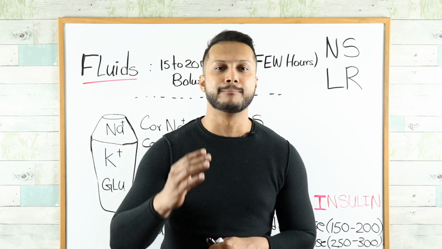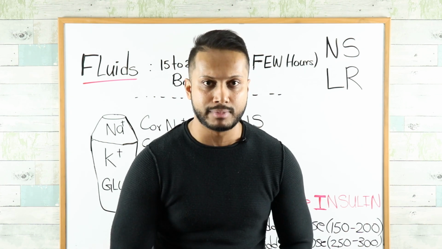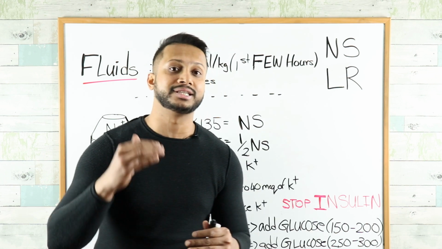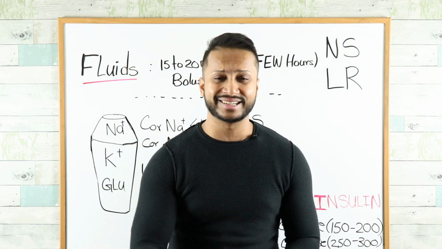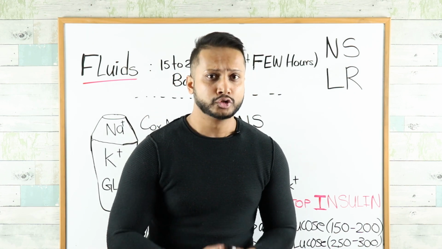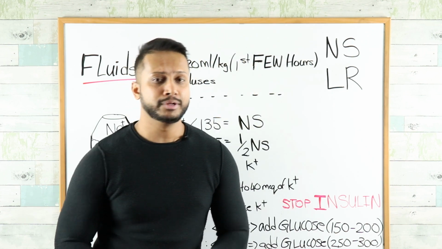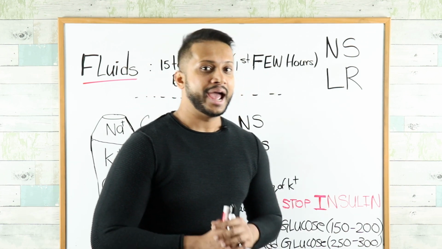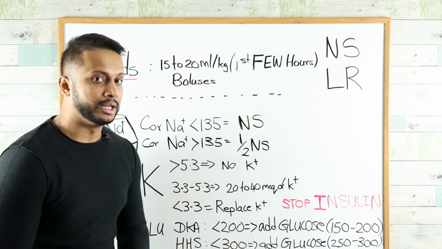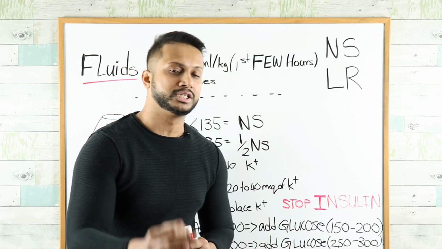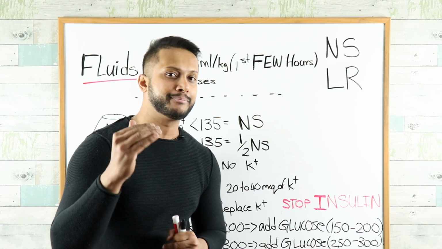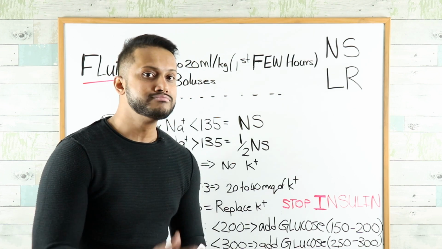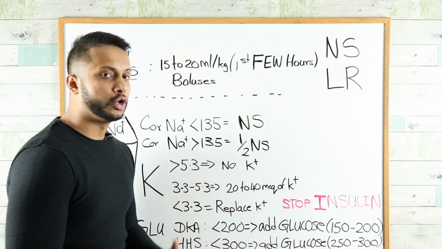This is by far the most important step you must remember. The moment potassium touches the upper limit of normal, you must add potassium to your fluid. So in your cocktail mixture, it might be normal saline or half NS, and now if your potassium level touches the upper limit of normal, which is 5.3, so between 5.3 to 3.3, you must add potassium to your fluid.